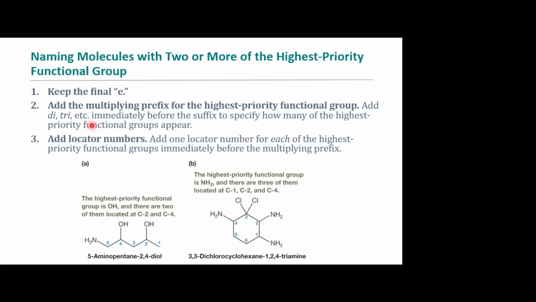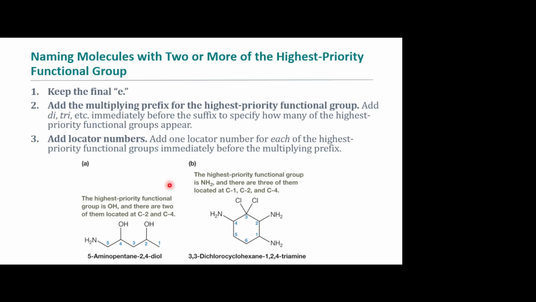Okay? Now, if you were to instead say, try that real quick. Ane-diol. No problem, right? Easy. And so when you add multiples of these functional groups, you are supposed to keep the E. Okay? Now again, because of the numbering, it actually doesn't make any difference anymore. But they kept the old way of doing it.